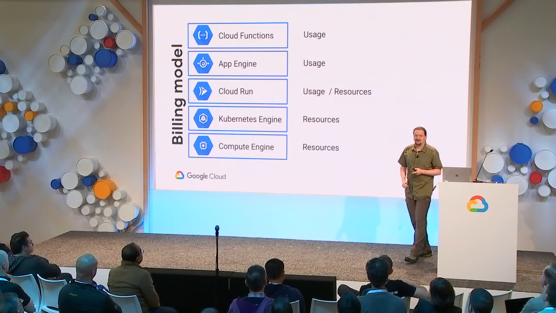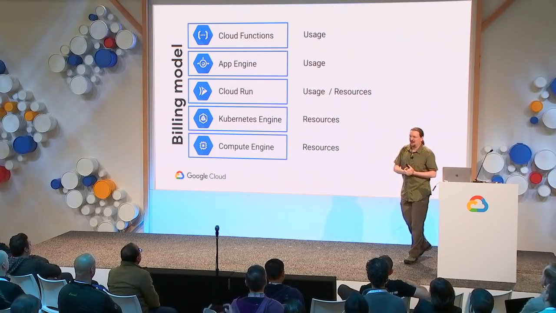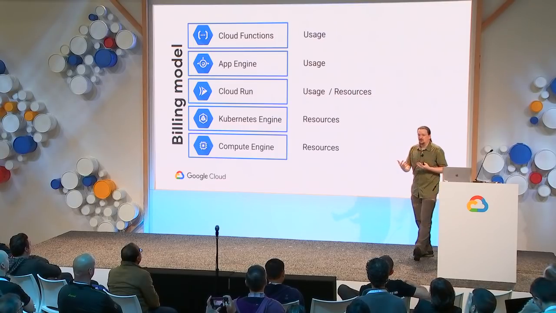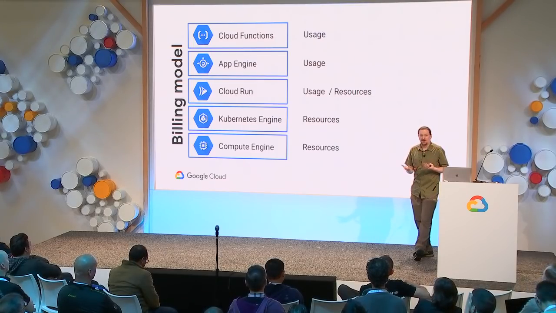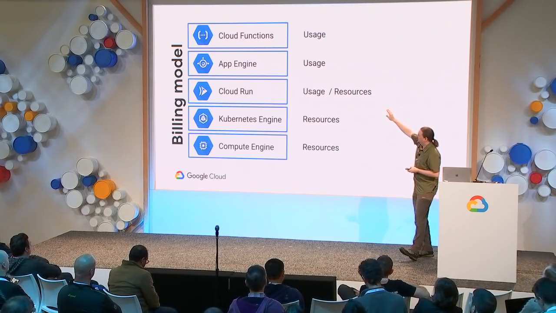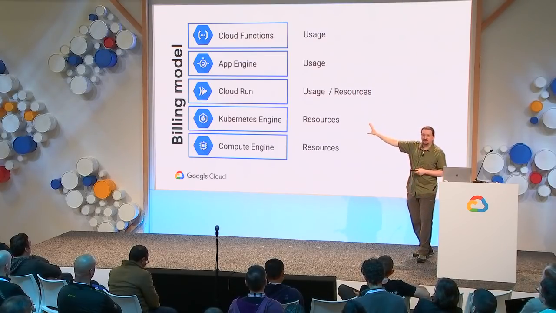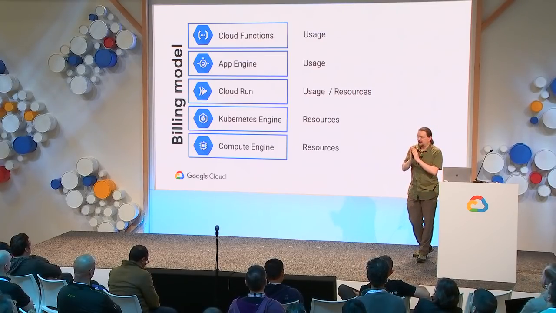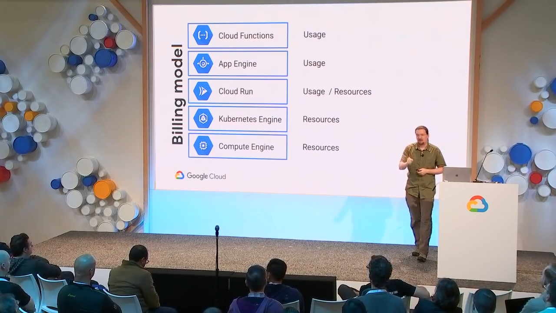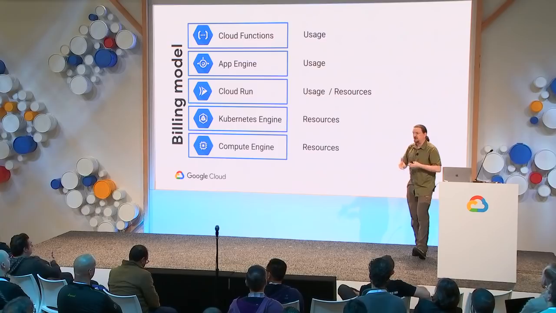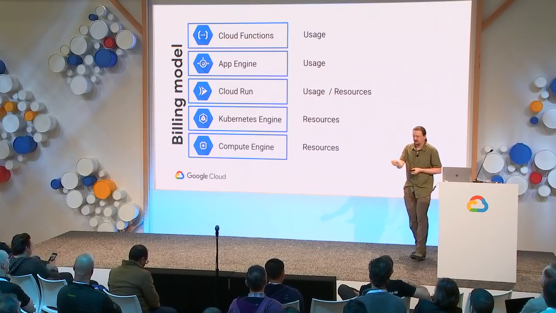There are also billing model differences between these, like how you plan for paying for them and how it works. Functions, App Engine, and managed Cloud Run are very granular: you pay for actual use of the CPU, memory, and network involved in doing that specific transaction.